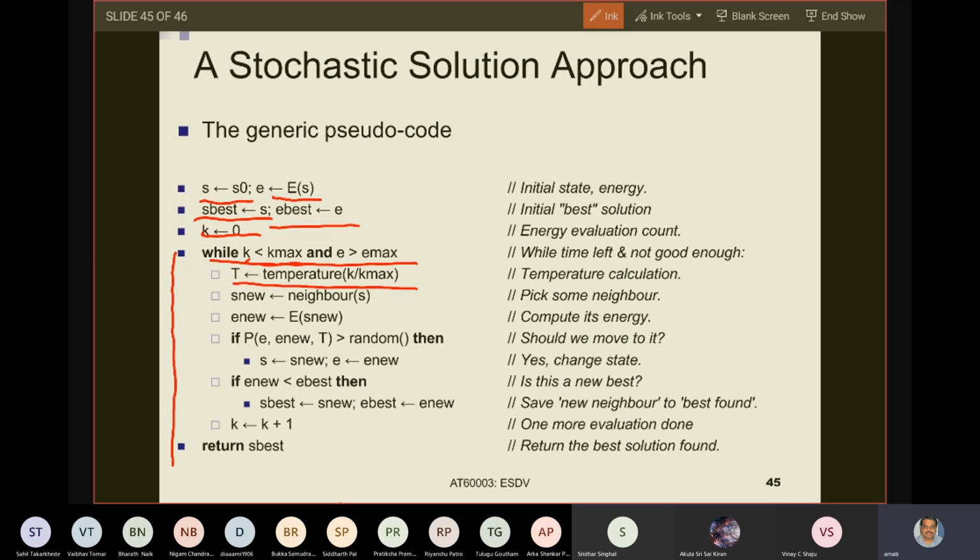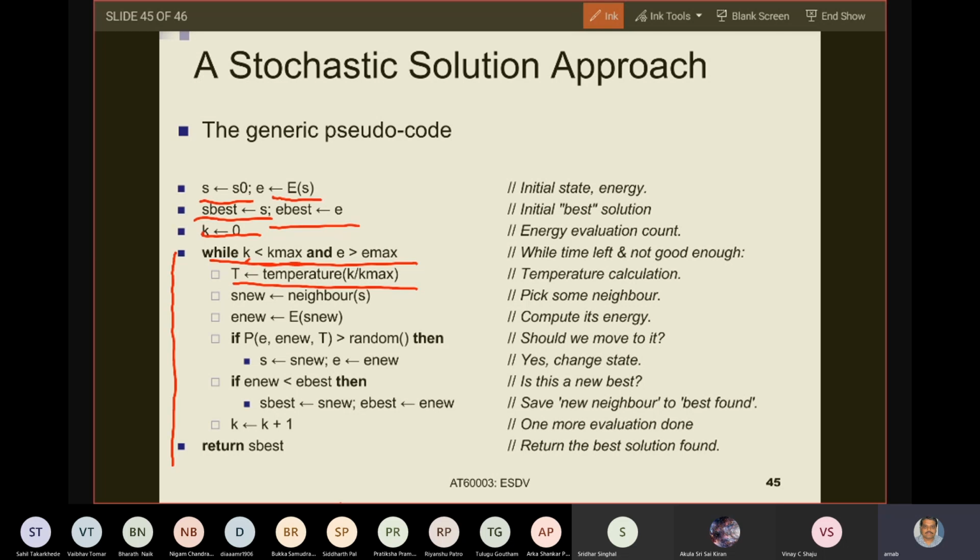When k becomes higher, the value k by k max becomes higher and the temperature is cooled down. So the value of the temperature is inversely proportional to the parameter k by k max. As k by k max becomes higher, your temperature becomes lower, right?